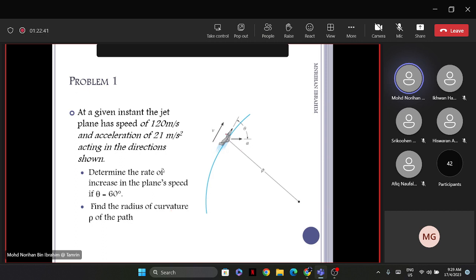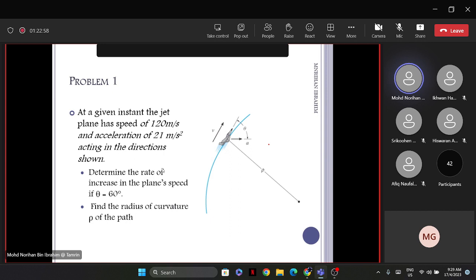So we have this jet plane. The velocity v is equal to 120 meters per second and accelerations of 21 meters per second squared, acting in the direction shown.